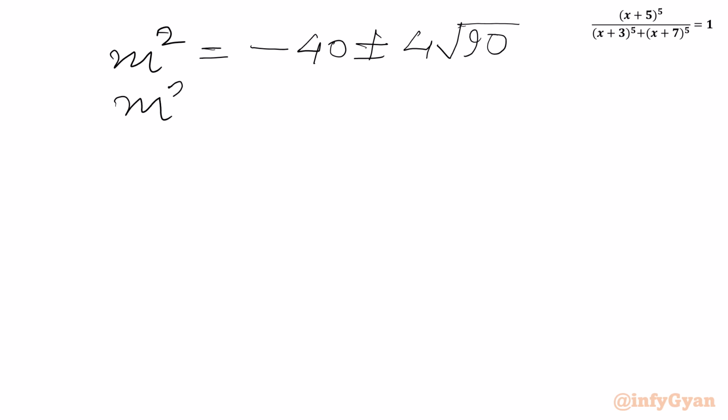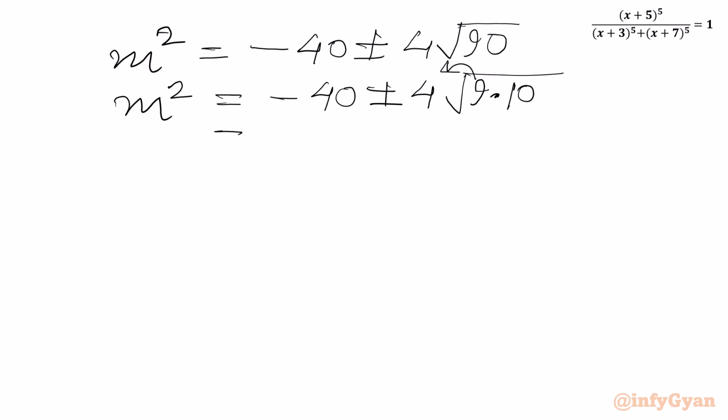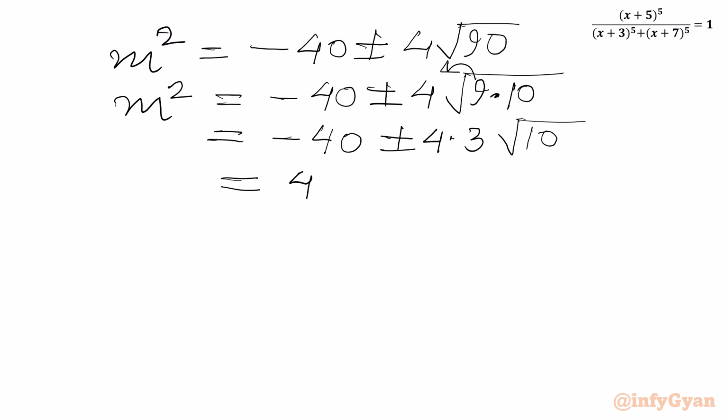Square root 90 can be written as 9 times 10, and this 9 will come out as 3. So I can write minus 40 plus minus 4 times 3 square root 10. Now 4 is common, or better is to take minus 4 common. So we will be getting 10 minus plus 3 times root 10.